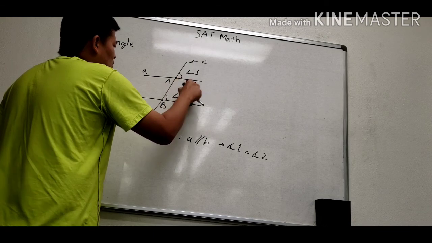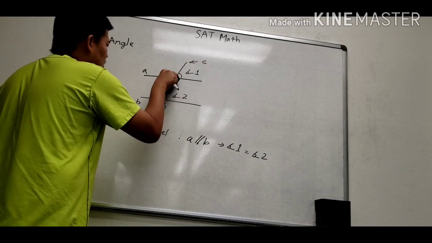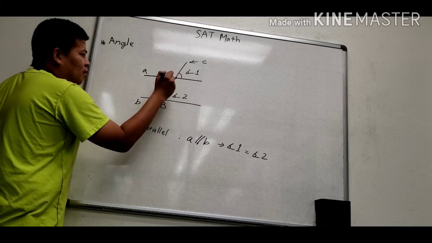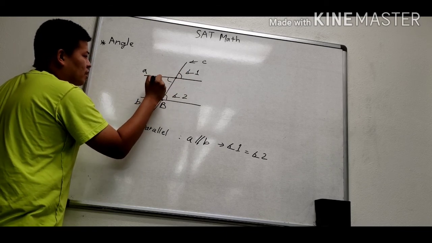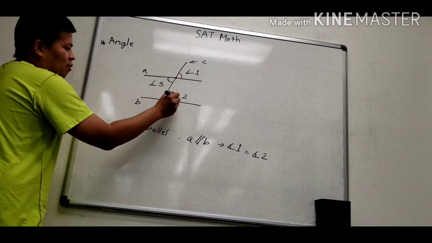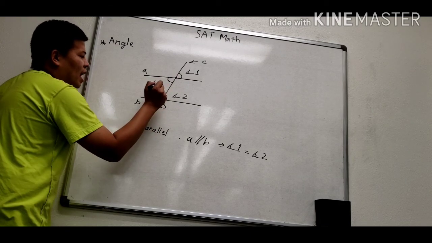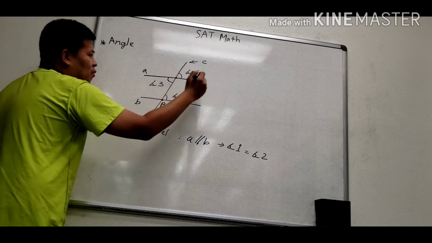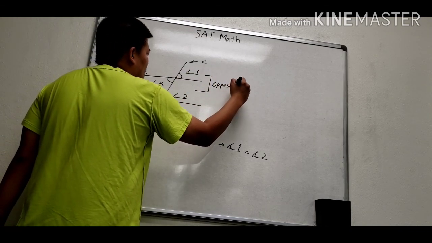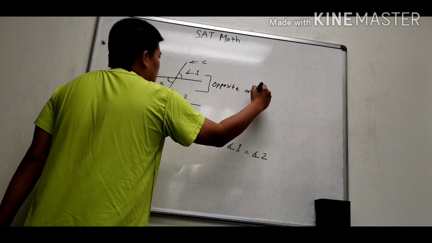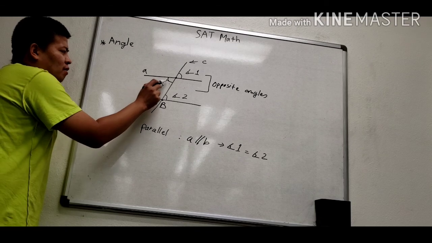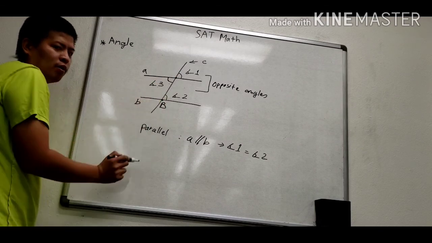Another thing we need to know: we have angle number 1 in here and we have angle number 3. They have the same value as angle number 2, because angle number 3 and angle number 1 are opposite angles. That's the reason why angle number 3 equals angle number 1.